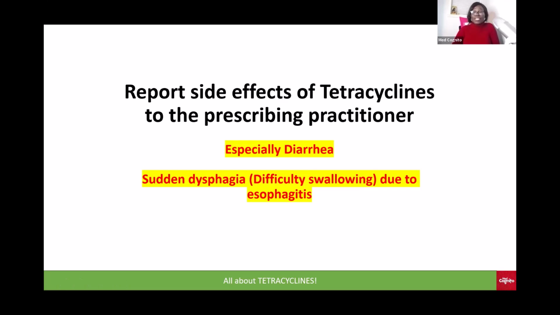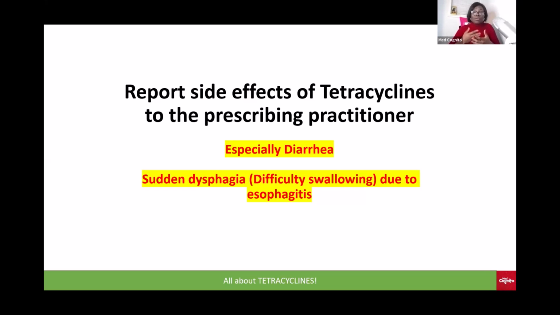Report these side effects to the prescribing practitioner, especially client who is having diarrhea, because they can lose a lot of fluid and become dehydrated. Or the client who tells you that I'm having difficulty swallowing. So you gave a client tetracycline and it's been for some days and client is complaining, I'm having difficulty swallowing.